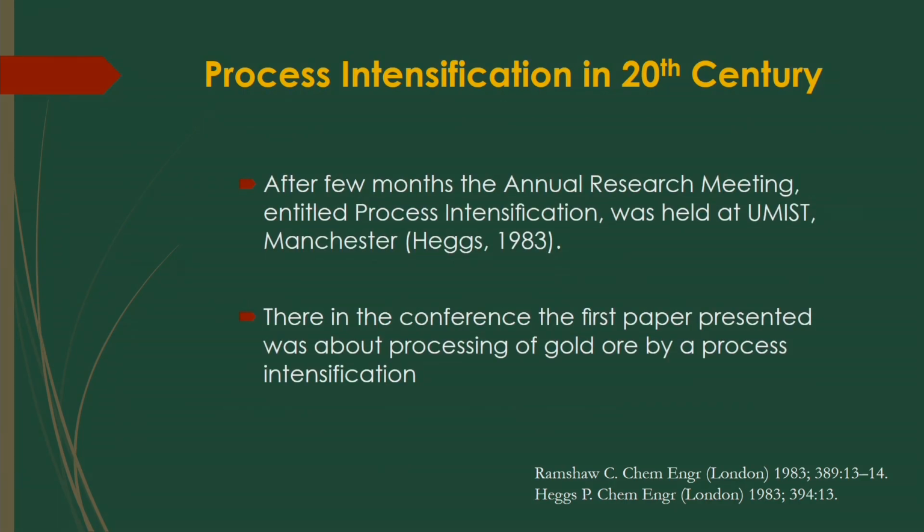After a few months, the annual research meeting regarding process intensification was held at UMIST in Manchester, where Higgs reported in a conference, and the first paper presented in the conference was about the processing of gold ore by process intensification.